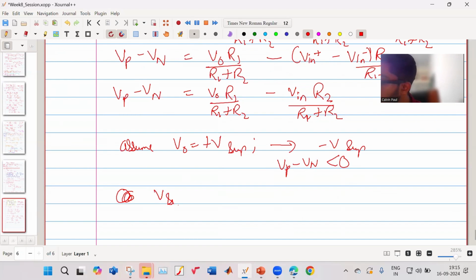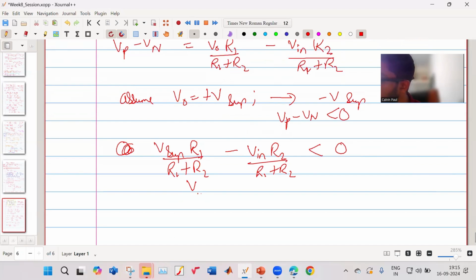That means your V supply into R1 by (R1 plus R2) minus V input into R2 by (R1 plus R2) should become less than 0. What does that mean? Your V supply into R1 should be less than V input into R2. That means your V input must be greater than V supply into R1 by R2. So this is your first case or your first point.